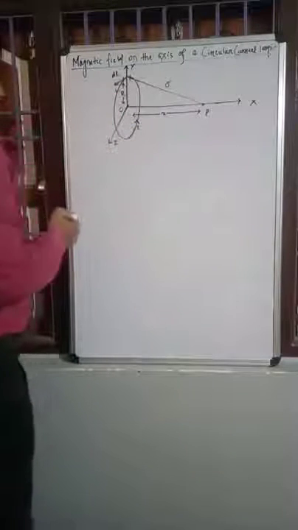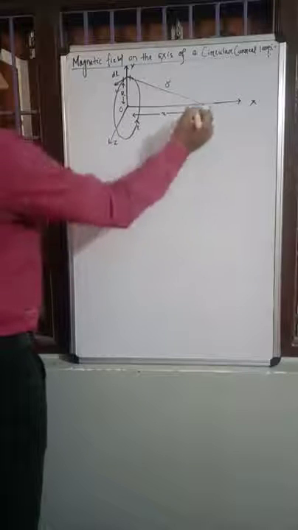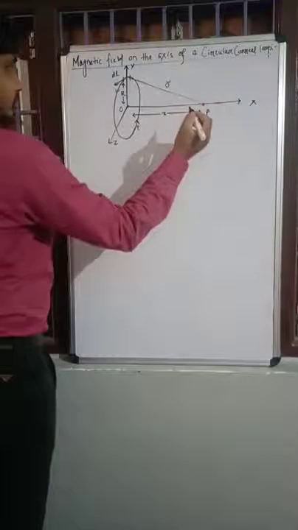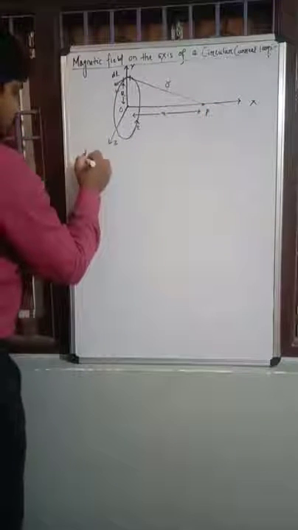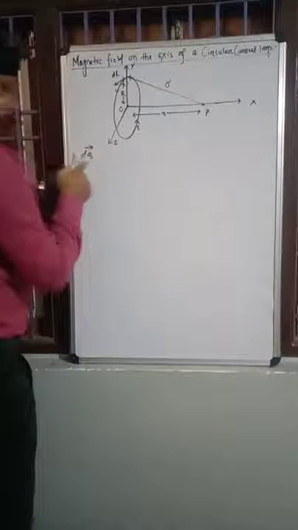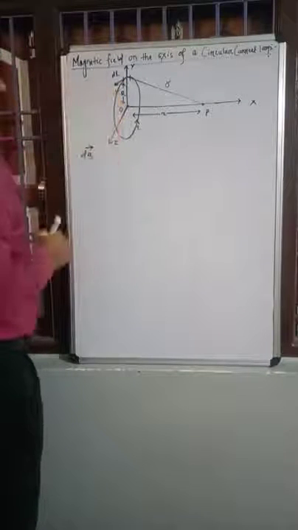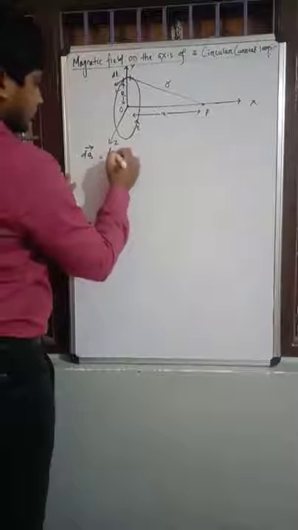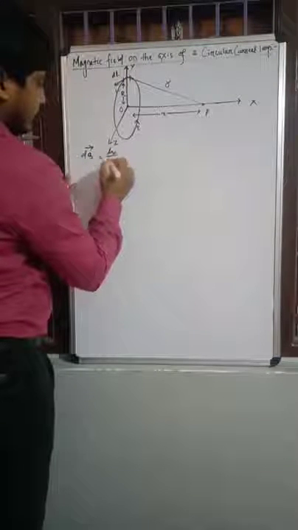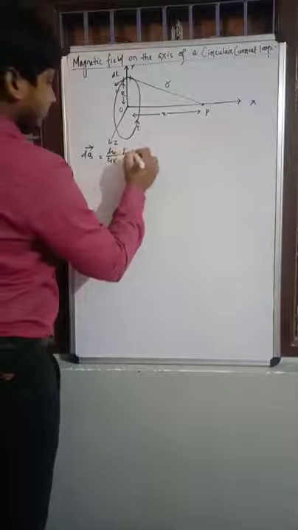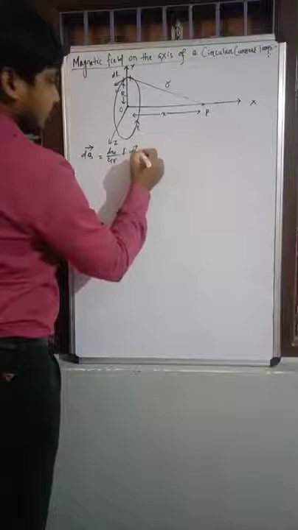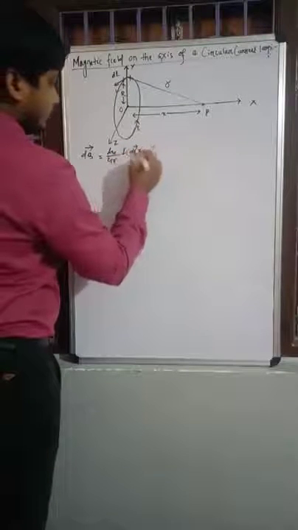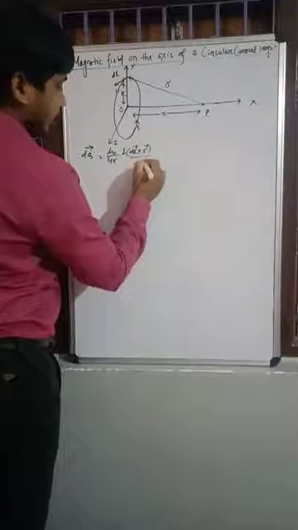Now just see, according to Biot-Savart law, the magnetic field at the point P, dB vector, small magnetic field because it is due to the small element, will be given by mu naught by 4 pi I dl cross r divided by r cube.